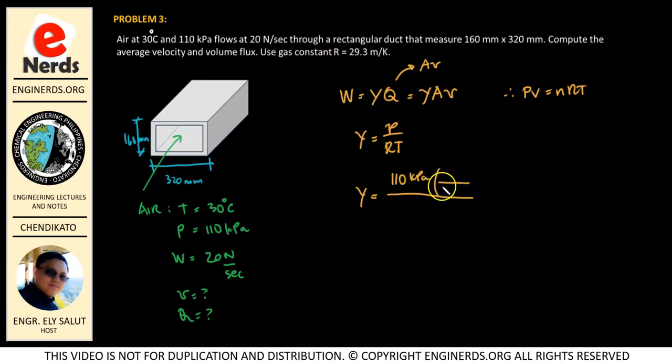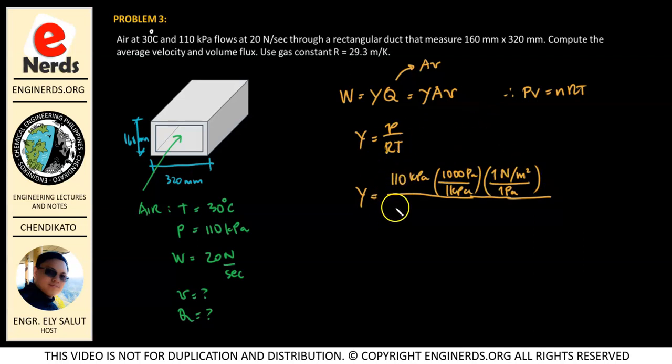So we have 1 kilopascal and 1000 Pascal. And then we know that 1 Pascal is equal to 1 Newton per square meter. Now we have our expression here in Newton per meter squared.